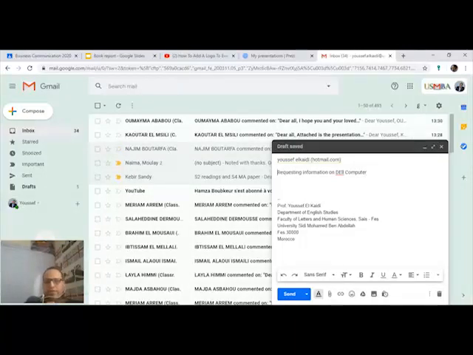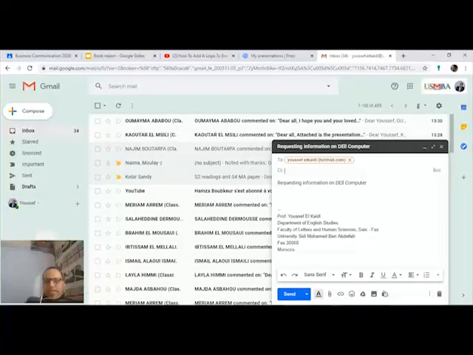So as you see here, I don't have articles. It's a very abbreviated subject line. Okay, I made it short. Requesting information on Dell computer, instead of saying I am requesting information on the Dell computer. So try to make it abbreviated and short.